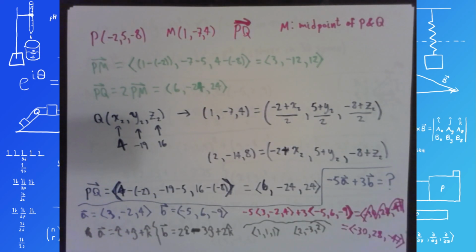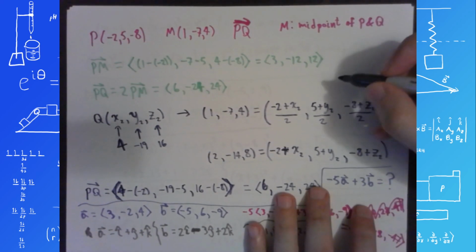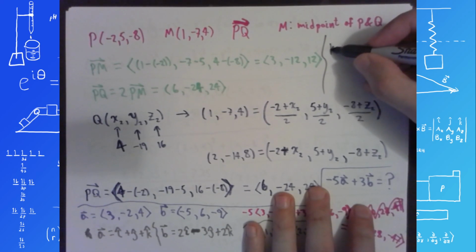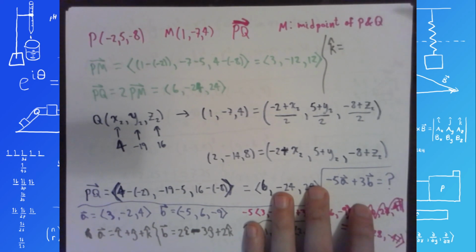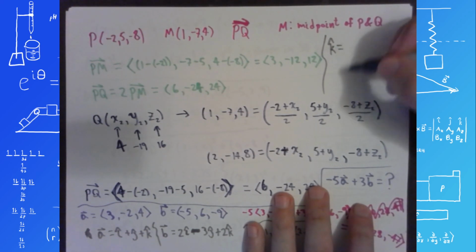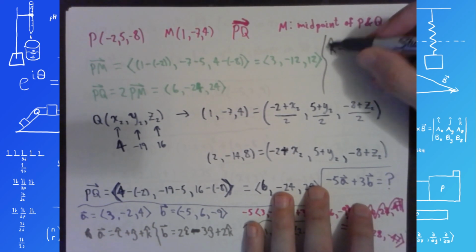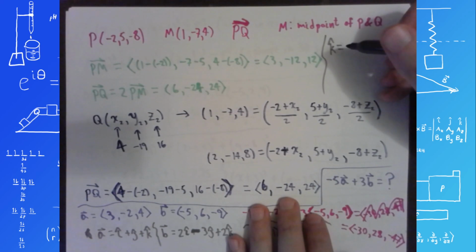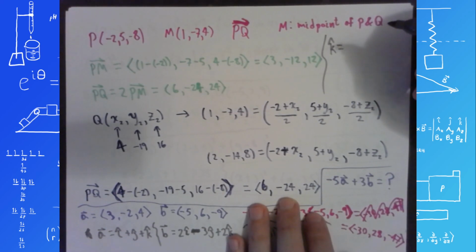K hat is the vector of magnitude 1 in the positive z direction. In textbooks they just write a bold K, but I can't really write in bold here, so that's why I use the hat symbol to identify it as a vector, but also to identify it as a unit vector specifically.